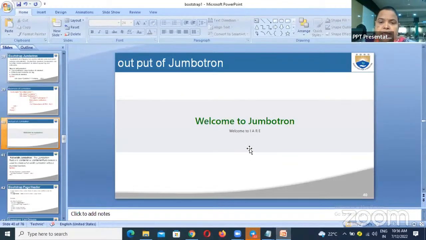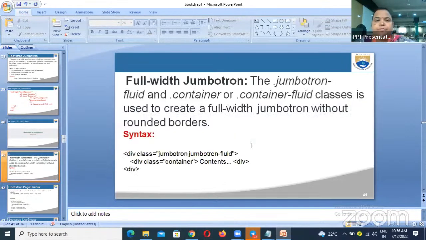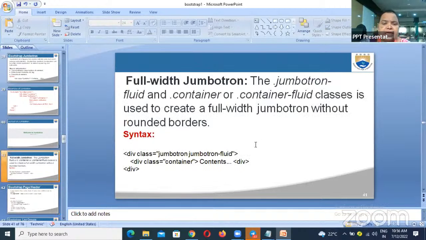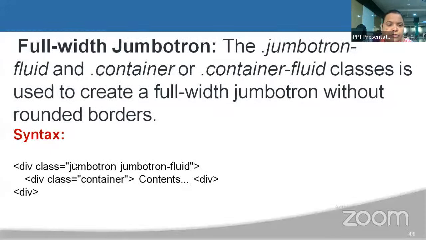Right, and then the same thing, filled with Jumbotrons. Under this, using full width means using the container, as well as one more class called Jumbotron fluid, to create a full width Jumbotron.